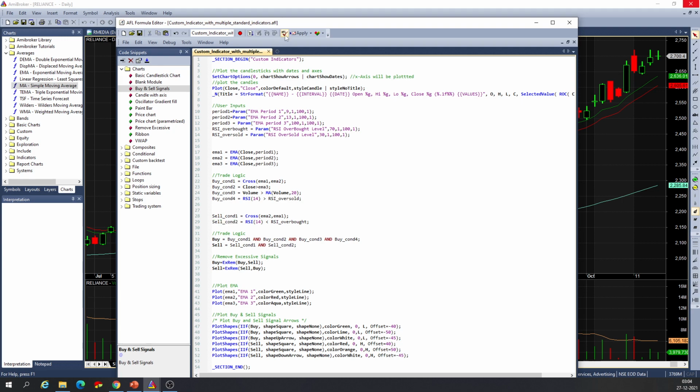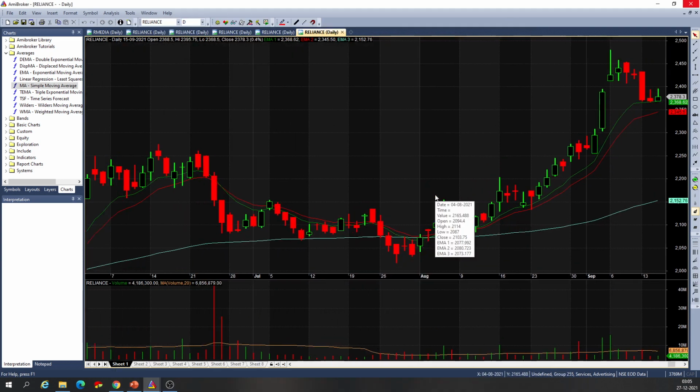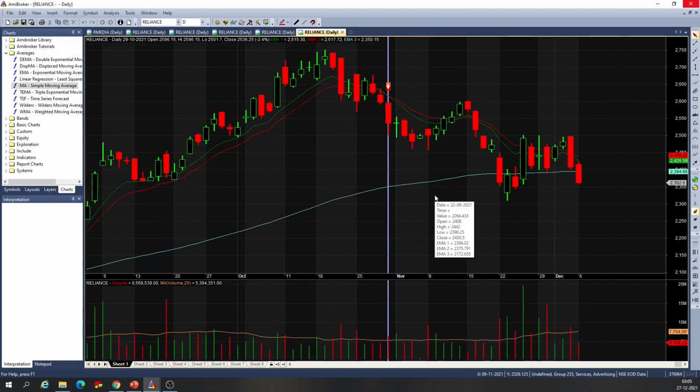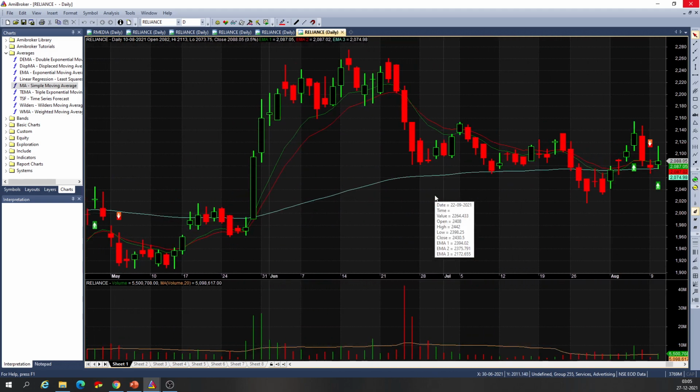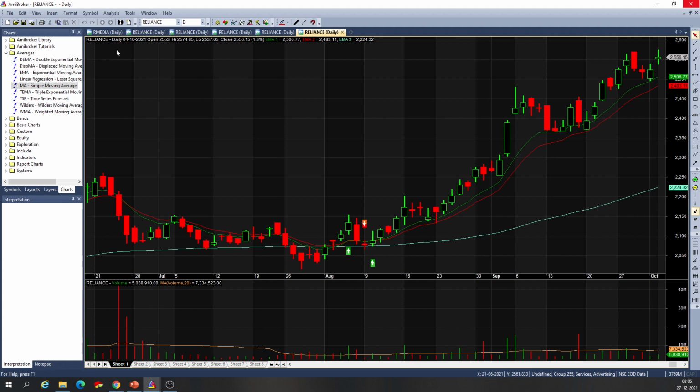Now when you just check whether everything is right in your AFL by using the AFL syntax checker, and then you just put apply function, and this is what you get. Okay, just to double check, you can even plot the RSI in a separate pane.